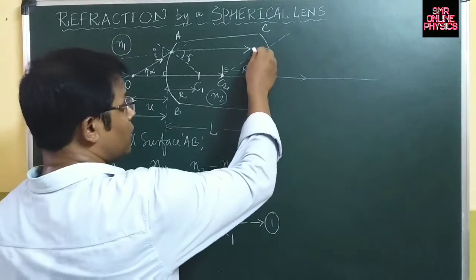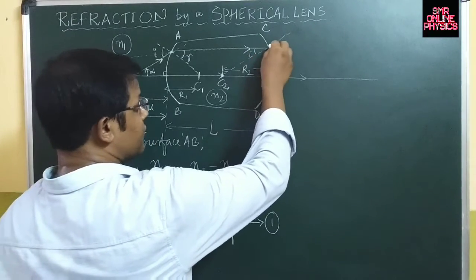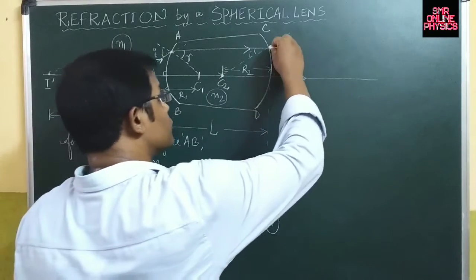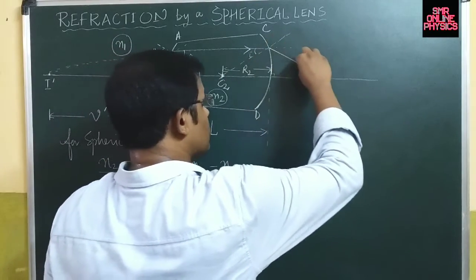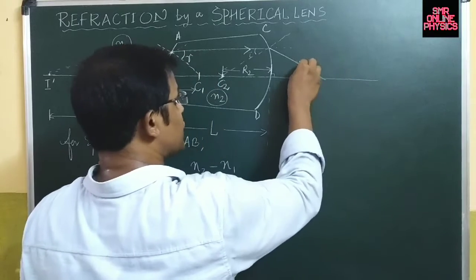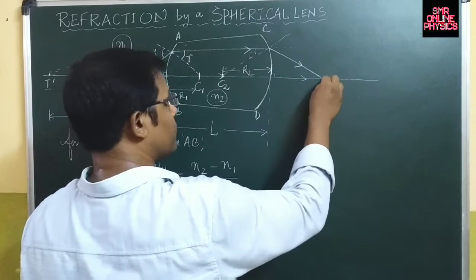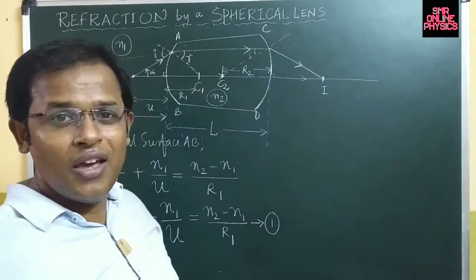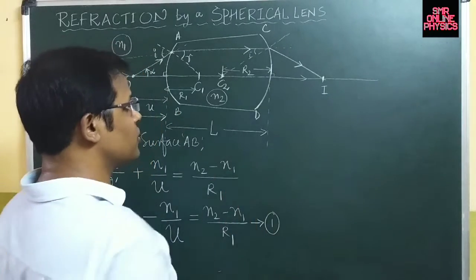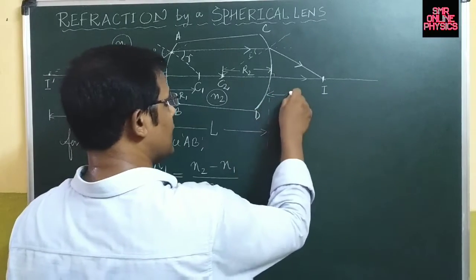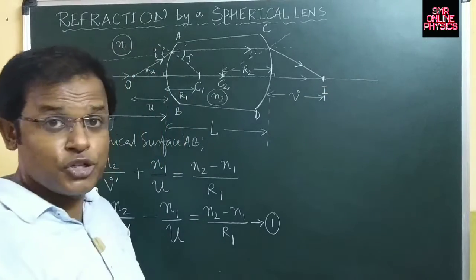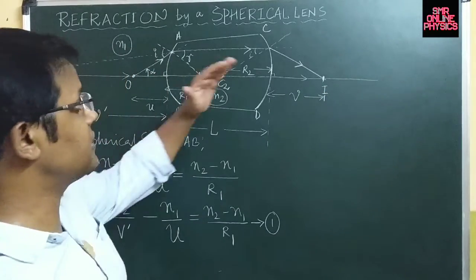So this will be your angle of incidence. The ray of light is going from denser to rarer medium, so it will be bending down. So the intersection of these two rays at a given point always gives rise to the formation of a real image. So this is, my dear, the actual image distance V, a formation of a real image by this lens.